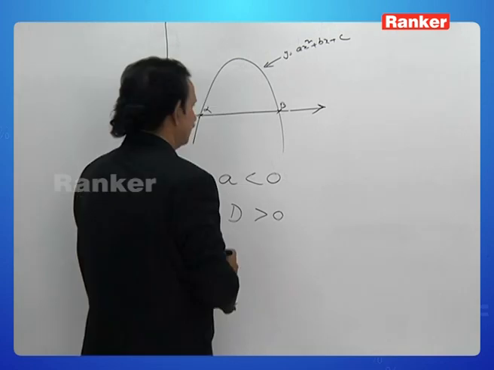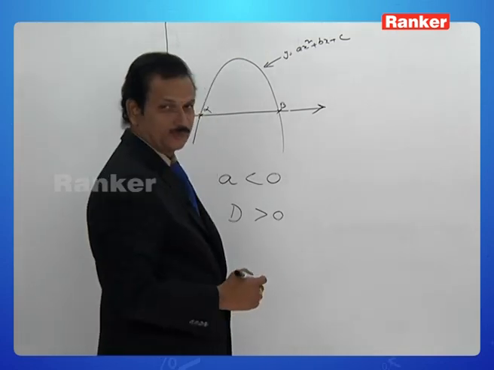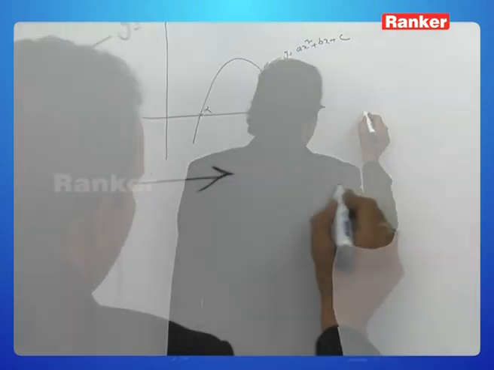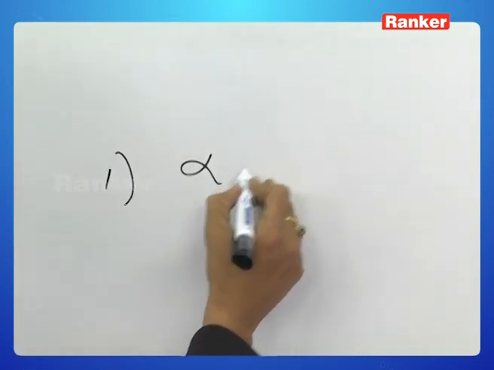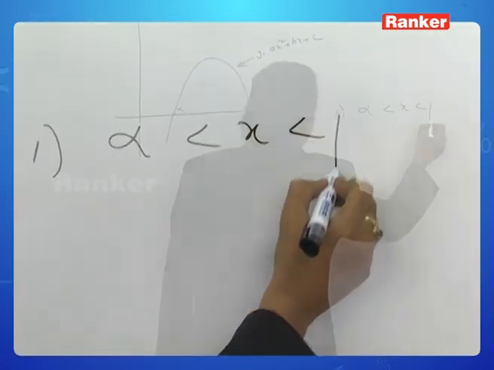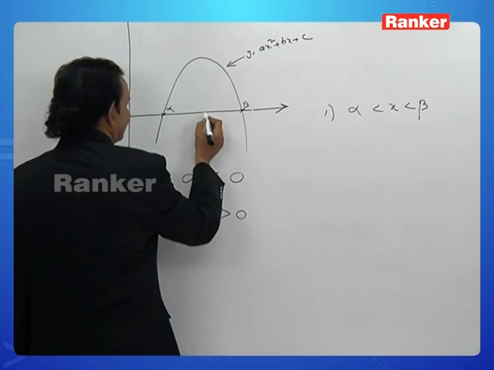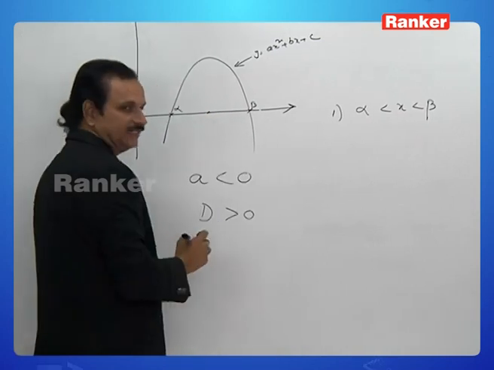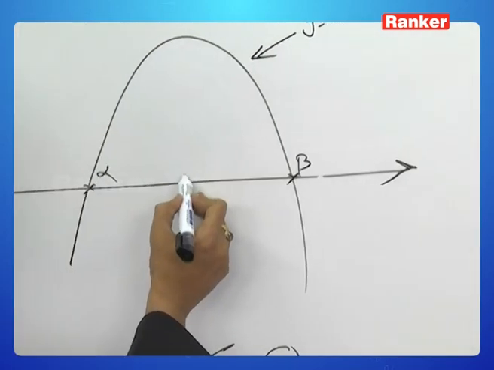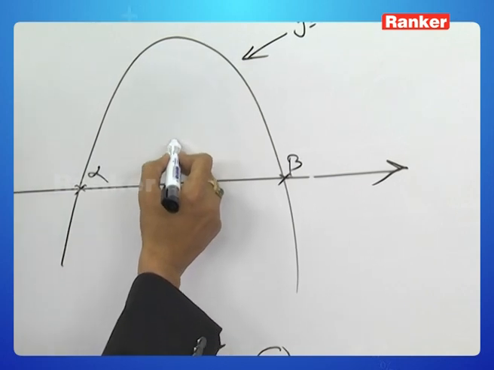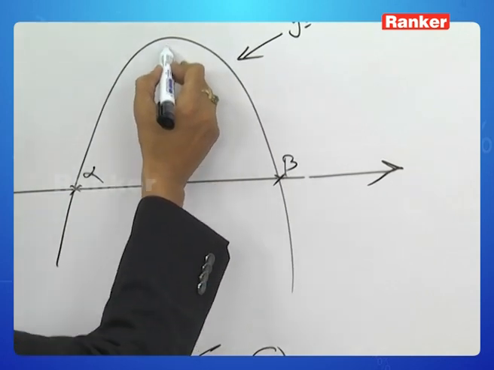Well, again two cases will arise. Number 1, alpha less than x less than beta. What can you say in this case? You have taken x here. To know about f of x, should you move upwards or downwards? Upwards.